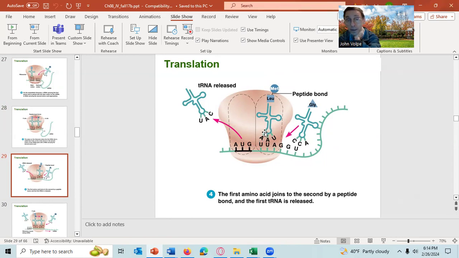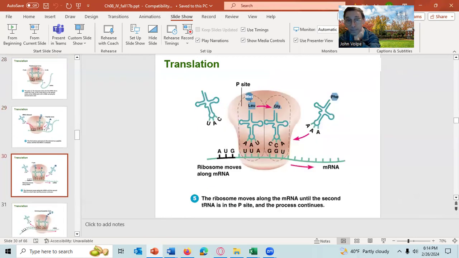The ribosome then moves down. Let me show that here. And so what used to be this site is now that site because the ribosome has moved down 1 codon.